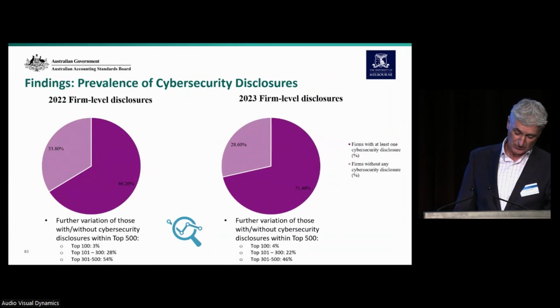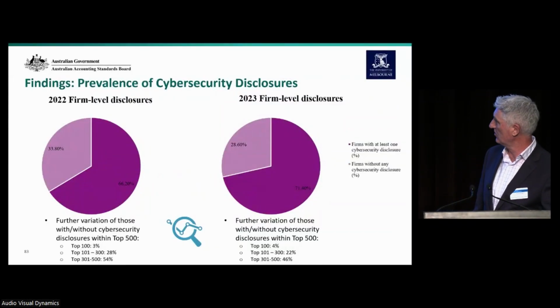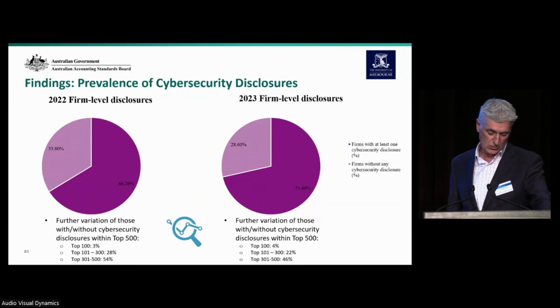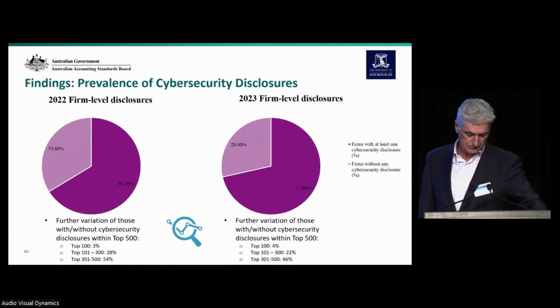So the next few slides will provide some of the key findings from our content analysis. Colours aren't great, sorry about that. But we've got two pie charts here. So this first main finding relates to the proportion of sample companies whose annual reports contain cybersecurity disclosures, 2022 on the left and 2023 on the right. And as you can see, in 2022, 2/3 of the ASX top 500 disclosed cyber-related information in their annual reports.